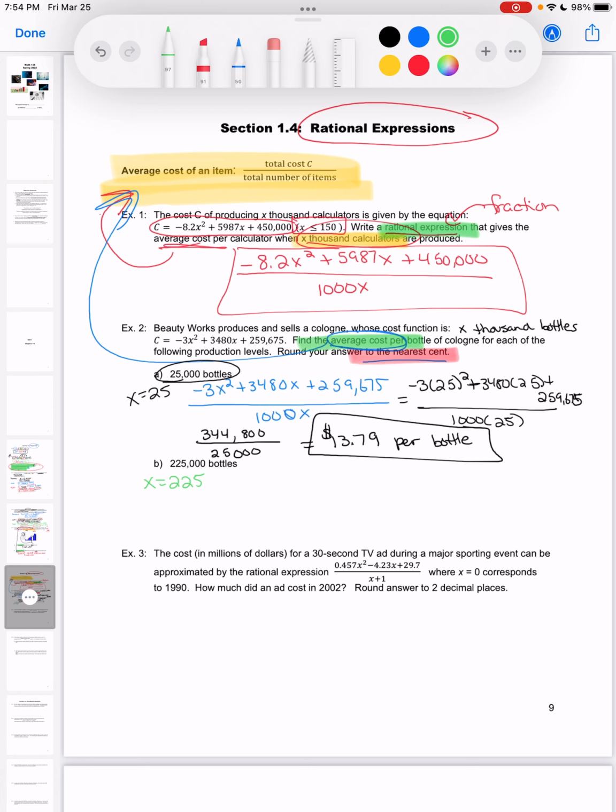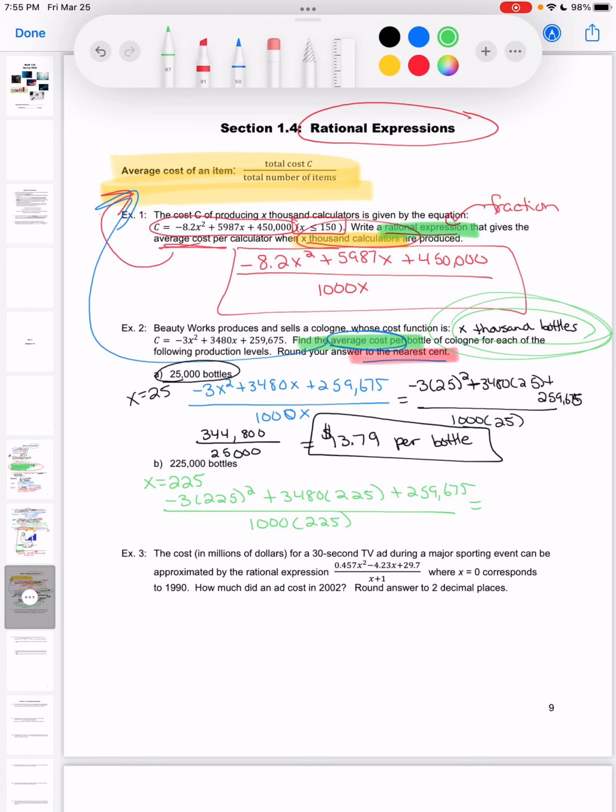I'm going to plug in 225 for X because, again, that's in thousands of bottles. That's the part of the directions that I had to add there. So I'm going to plug 225 into that rational equation that we created up above, everywhere I see X. Again, you can type it in your calculator.